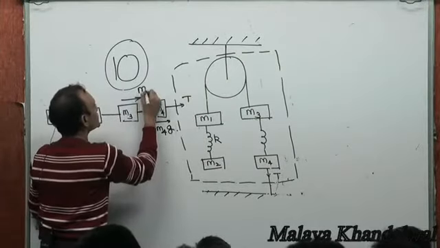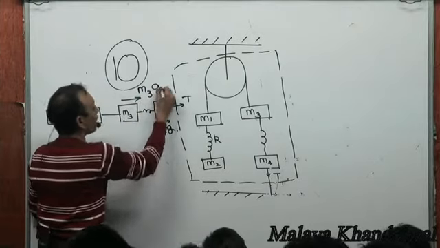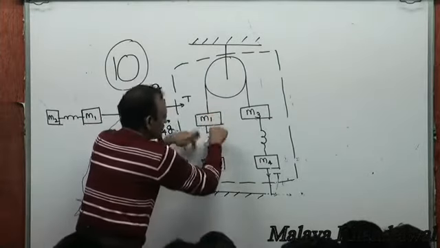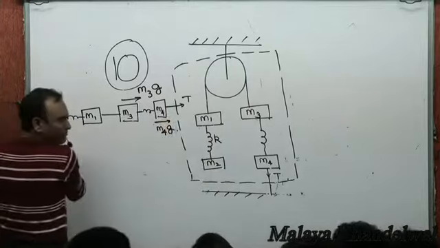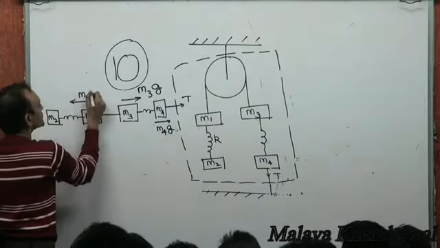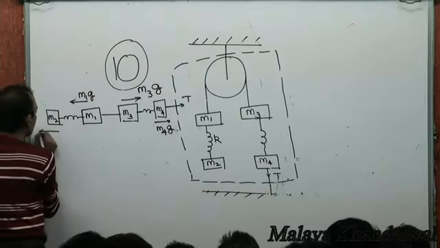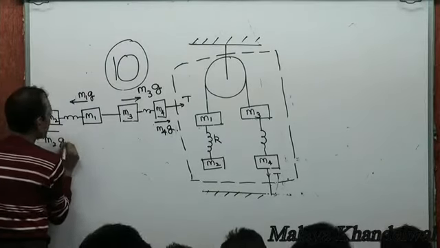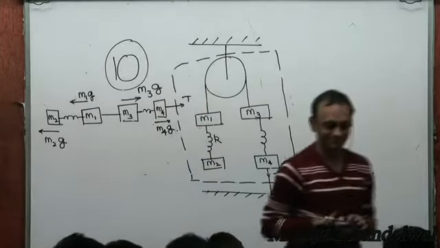Now, this is M1G and M2G downwards, but it will appear leftwards on opening up. So there is going to be M1G left, and M2G to the left. And the system is in equilibrium.